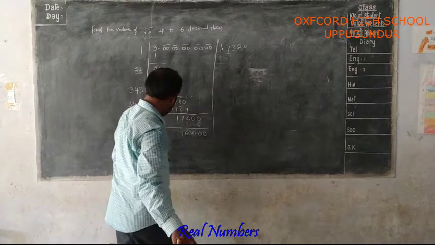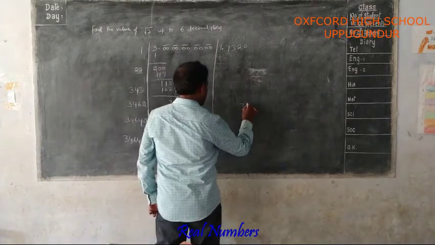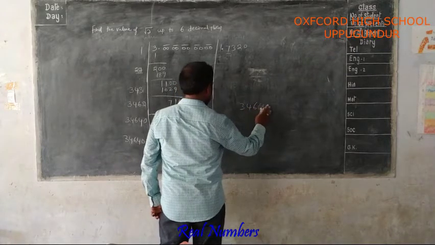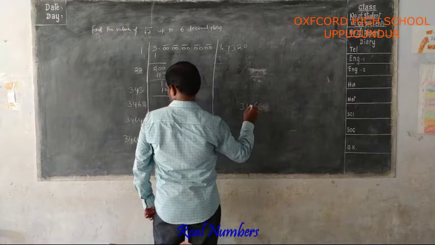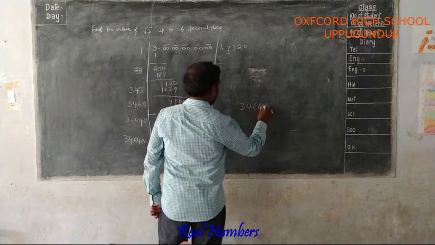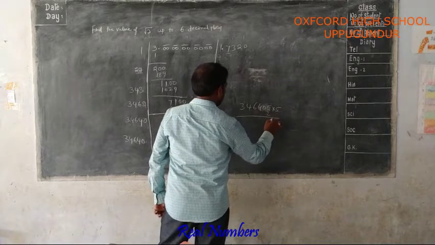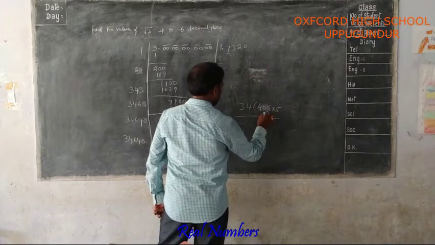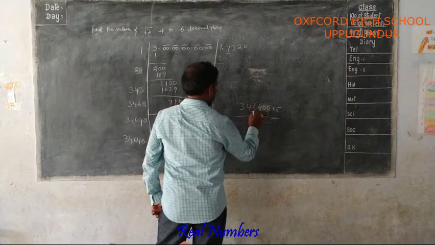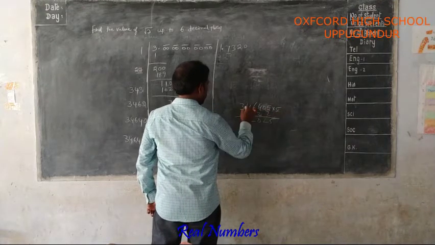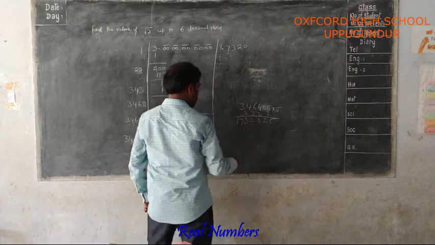34,000, 3 lakhs, 46,000. Now check 5. 5 fives are 25, 5 zeros are 0 plus 2, 5 fours are 20, 5 sixes are 30, 32, 5 fours are 20 plus 3, 23, 5 threes are 15 plus 2, 17.